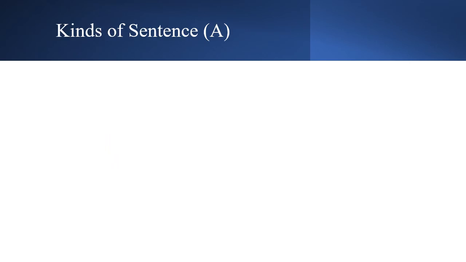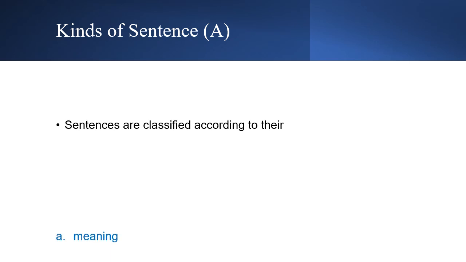Now we will be looking at different kinds of sentences. Sentences are classified according to their meaning and according to their structure. So we'll be looking at sentences based on their meaning and based on their structure. These are two different divisions or categories. A sentence can be divided based on its meaning and structure.